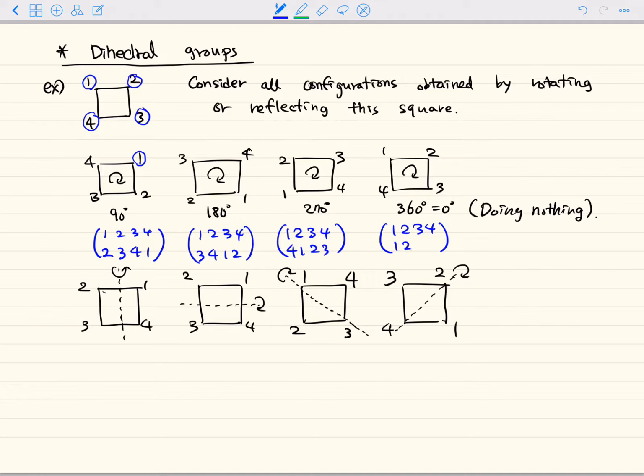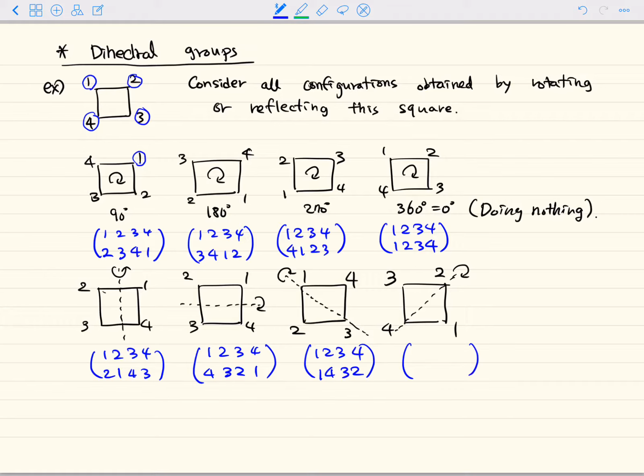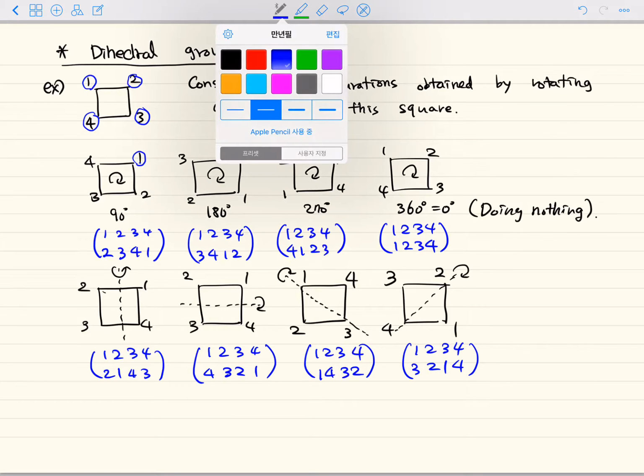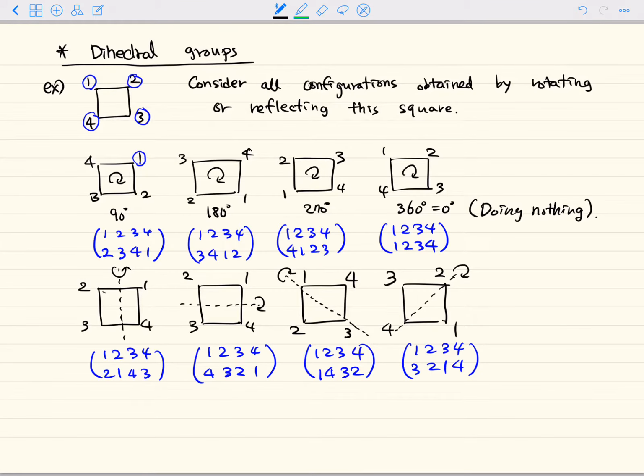Here 1 stays in its position, so like this. And for this, 1 and 2 change their positions, so it's going to be like this. For this, 1 and 4 change their positions, it's like this. 1, 3 stay in their positions, and 4, 2 change their positions. 2, 4 stay the same, and 3, 1 change their positions. So we have 8 rotations or reflections, and they all correspond to permutations.